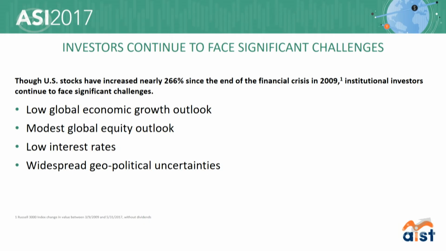It's kind of lukewarm, kind of modest. I'm sure many of you see the same long-term capital market assumptions that I see. Public equity return forecasts are 6-7%, in that ballpark, depending on the region and the strategy. Fixed income returns are 3 to 5%. And then obviously widespread geopolitical uncertainties.